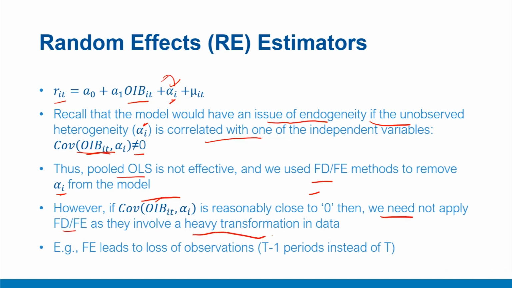They require a lot of heavy transformation of data, for example, FE transformation leads to loss of one observation. It involves variables not at levels; it drastically transforms the original model. For example, FD leads to differences rather than levels. Such drastic, radical transformations of the original model are not very desirable and lead to less efficient estimators, as we'll see later.